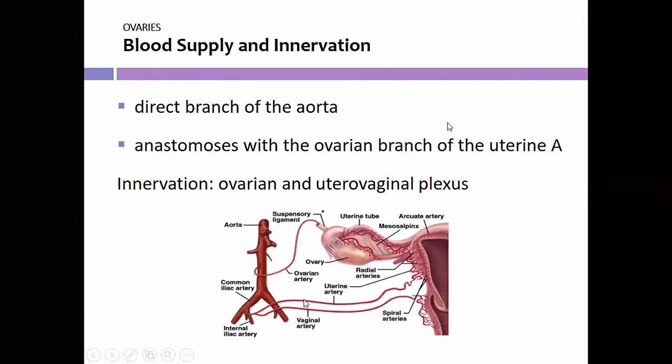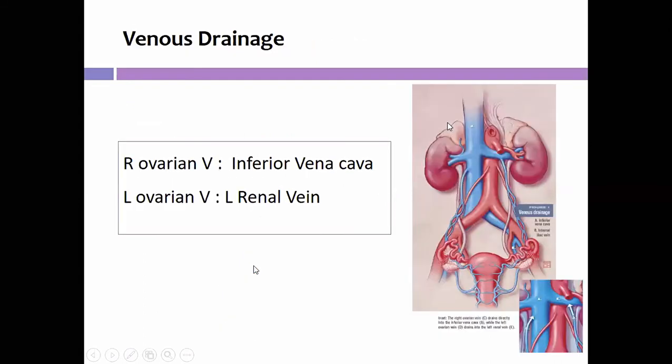What is the blood supply to the ovary? It is coming from the ovarian artery, which is a direct branch from the abdominal aorta. So if the uterine artery is derived from the internal iliac artery, the ovarian artery is derived from the abdominal aorta.